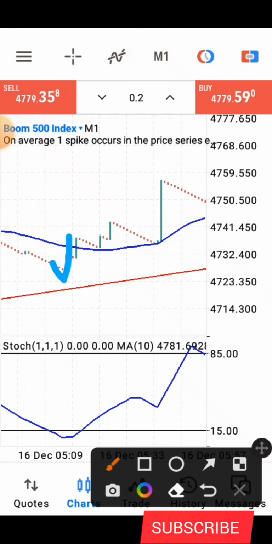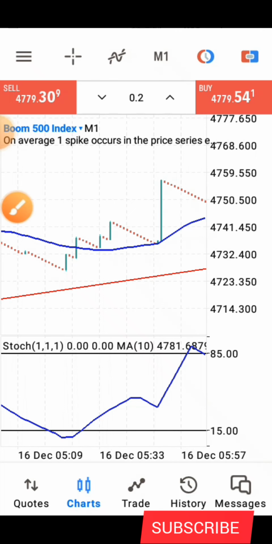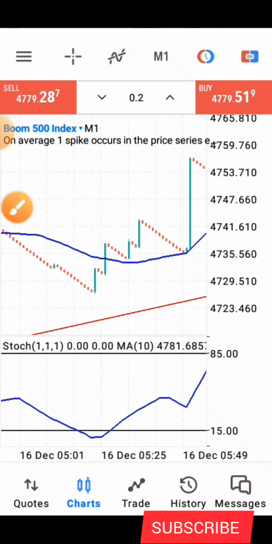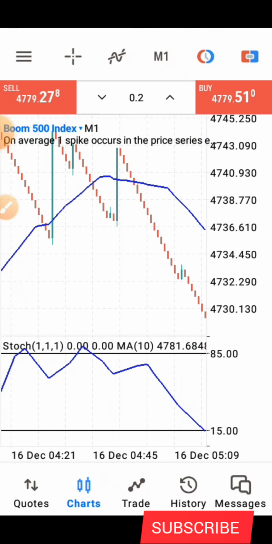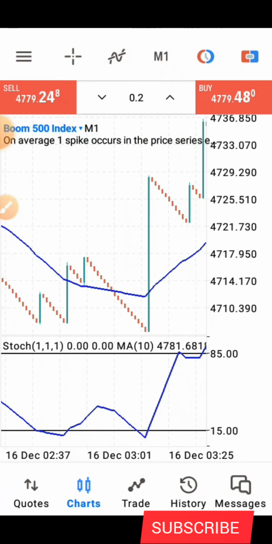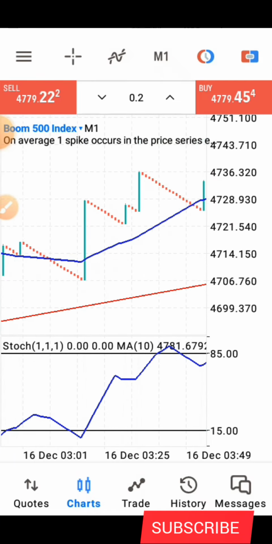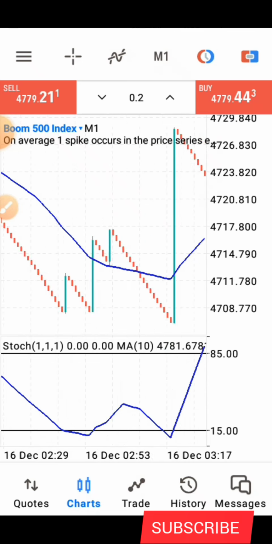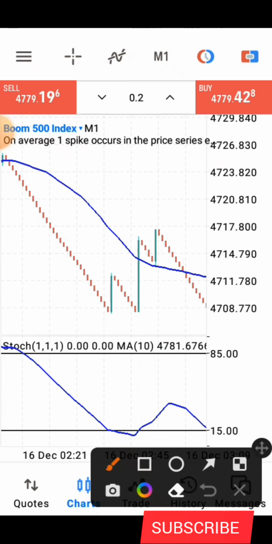It broke, there was a retest, went up, came down again, and you know how price does move sometimes. You will always want to play with your emotions, right? But if you know what you are doing, you are going to be able to hold. So you can see how it was working with the trend line, right? And you see how this indicator is showing you when to take your entry and all that.